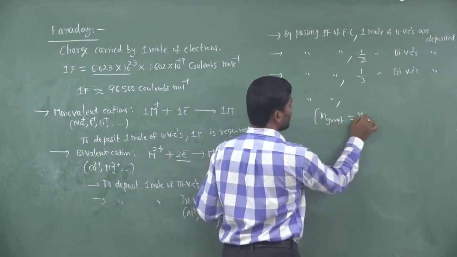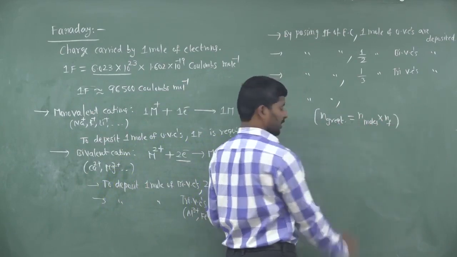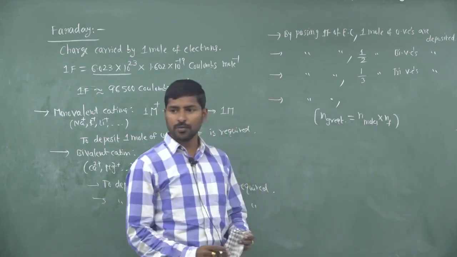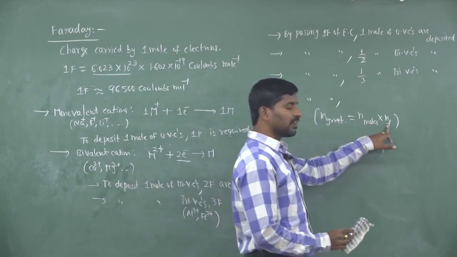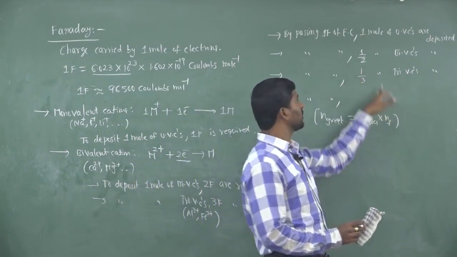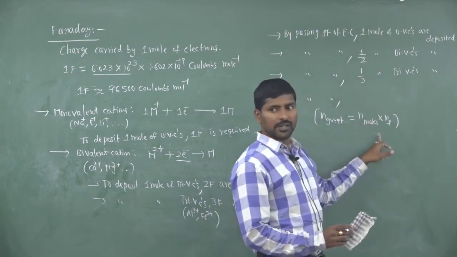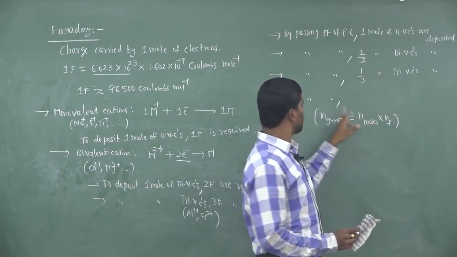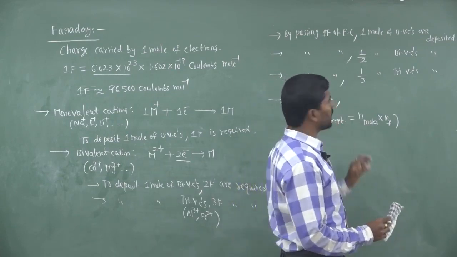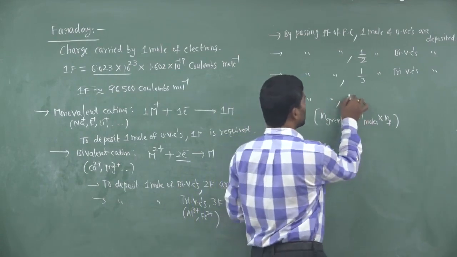Number of gram equivalents is equal to number of moles into n factor. For ions, n factor is nothing but valency. For univalent cations, valency is 1, so the number of gram equivalents and number of moles are the same. So if you pass 1 Faraday of electric current, 1 gram equivalent of univalent cations will be deposited.